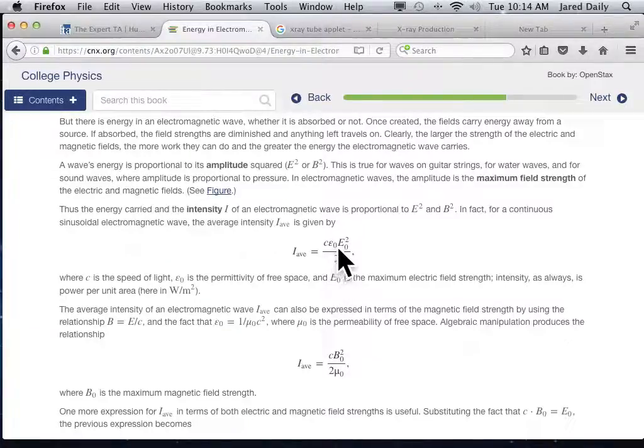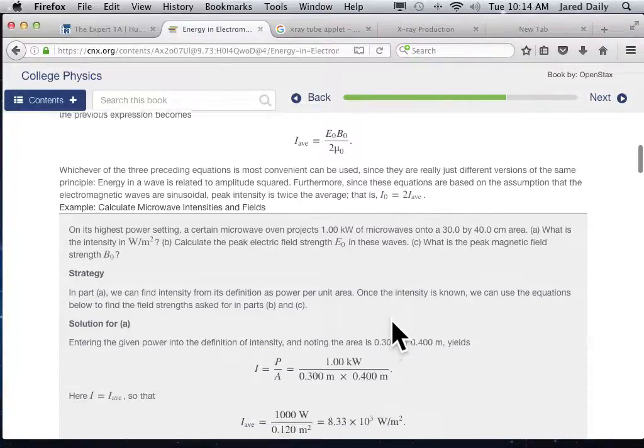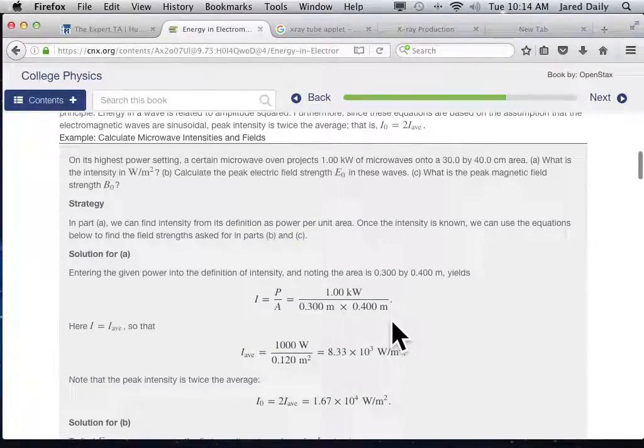In this one, you've got epsilon naught in it and speed of light. In this one, you're dividing by mu naught and you're multiplying by speed of light. Either way, you get the same solution. But you can also just combine these two and get this equation: E naught, B naught, maximum amplitudes divided by 2 mu naught. So that will calculate the brightness of the wave or the intensity of the wave, which is part of the energy.